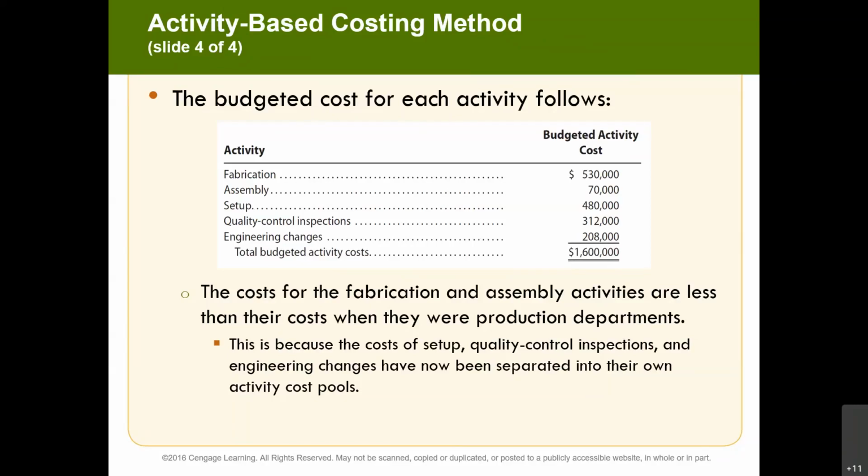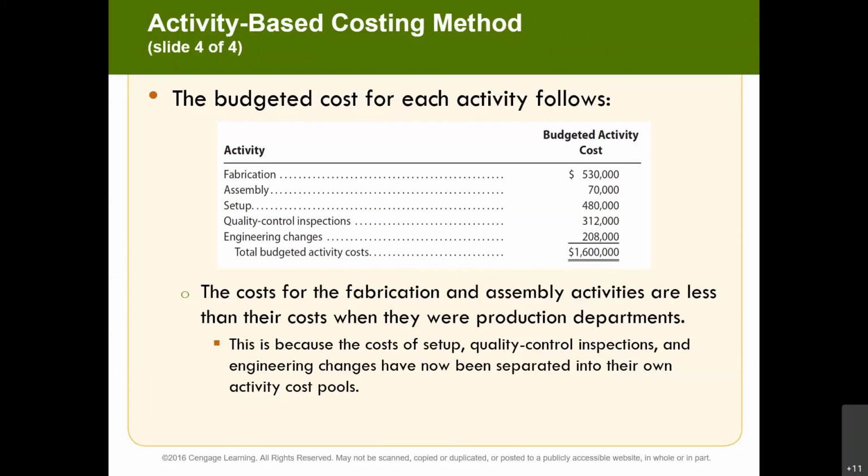For setup, meaning the retooling, the building for the assembly lines, that type of stuff, the setup of the assembly lines, $480,000 is budgeted for that process, for that activity. For quality control inspections, meaning the teardown of the finished product to inspect and verify that it's correct, $312,000 is budgeted for that activity.